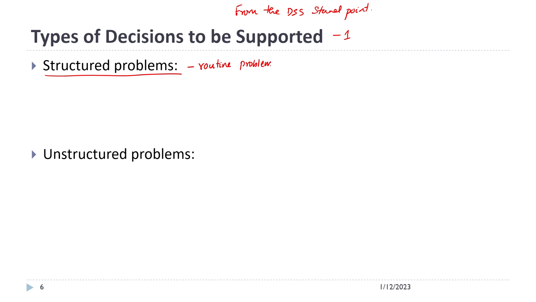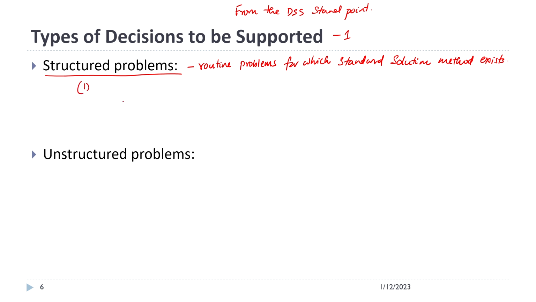They are very routine problems for which standard solution methods exist. Here there are two aspects to this.